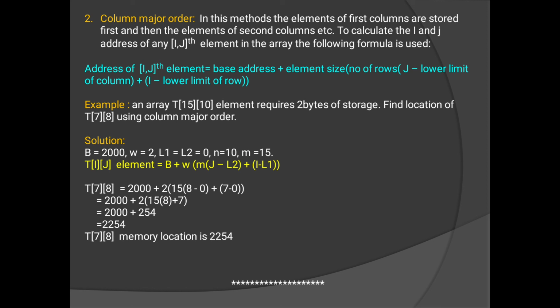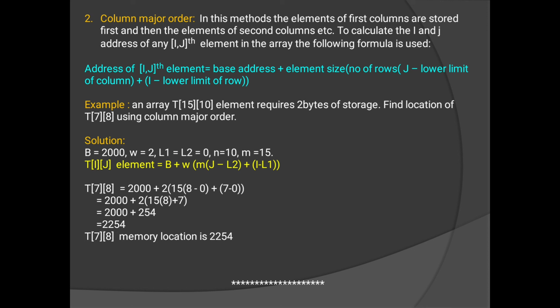Similarly, column major order is quite the opposite of row major order. In this method, the elements of the first column are stored first and then the elements of the second column. To calculate the address of any ij element in the array, we use the following formula. The previous formula and this one are almost the same, except they are interchanged.